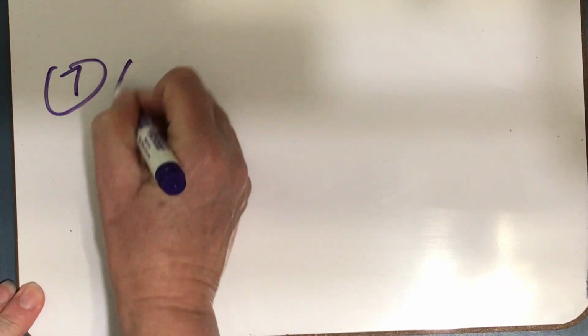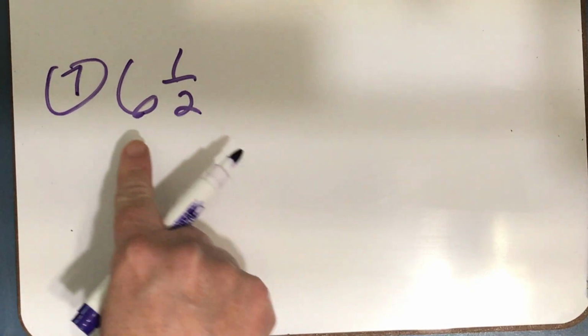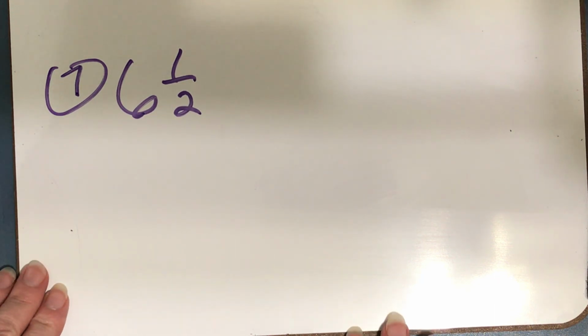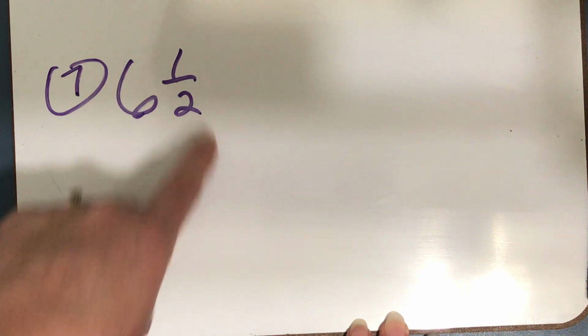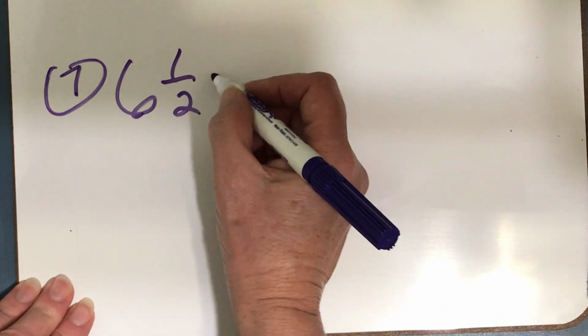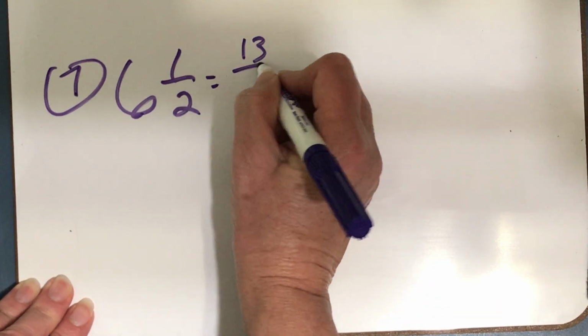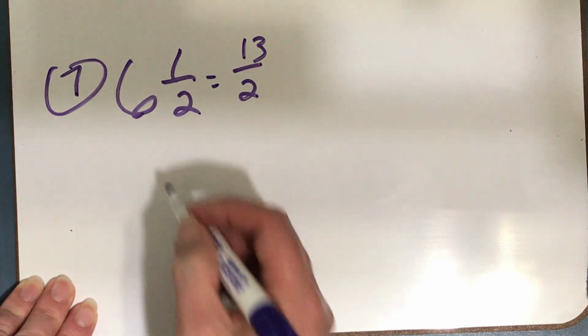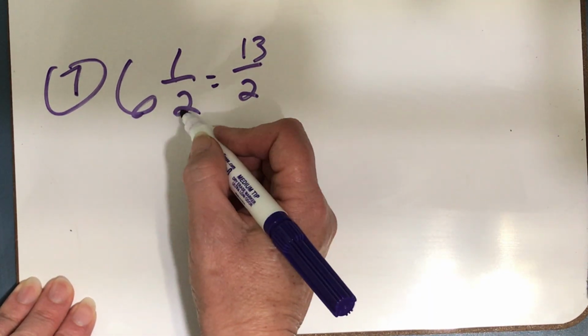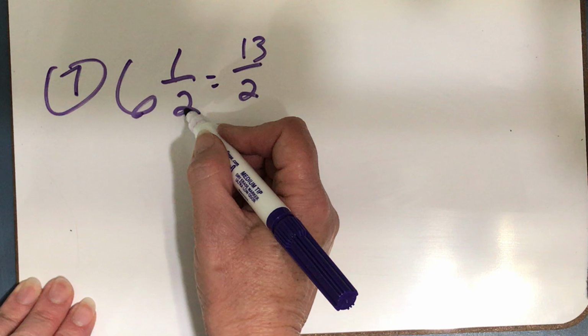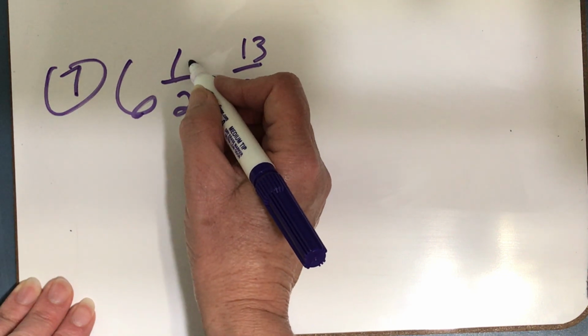I know that for each whole number, I have 2 halves. So I'd have to multiply. 6 times 2 would be 12. 12 halves would equal 6, plus this 1 extra half equals 13. So 6 1/2 is 13 halves. So what you do is you multiply the whole number times the denominator, and then you add the numerator.